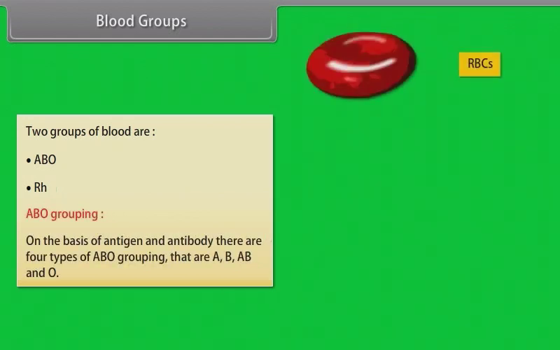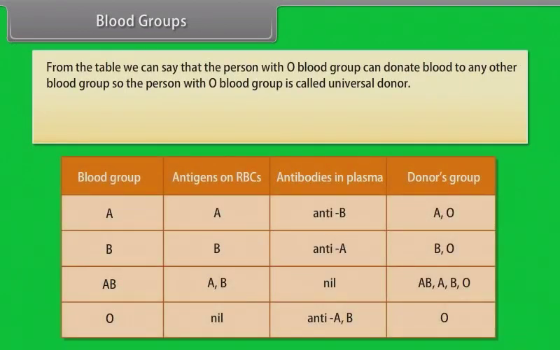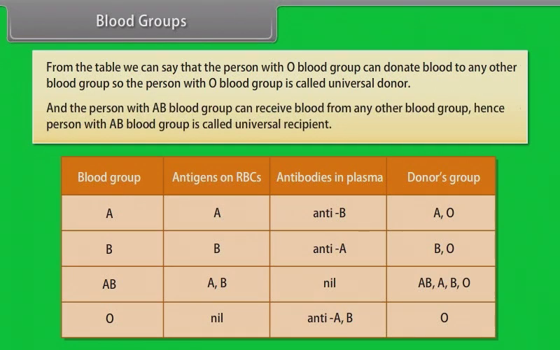On the basis of antigen and antibody, there are four types of ABO grouping: A, B, AB and O. From the table we can say that a person with O blood group can donate blood to any other blood group, so the person with O blood group is called a universal donor. And a person with AB blood group can receive blood from any other blood group. Hence, the person with AB blood group is called a universal recipient.